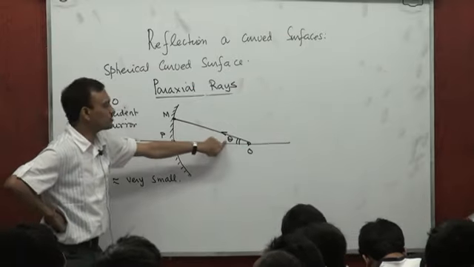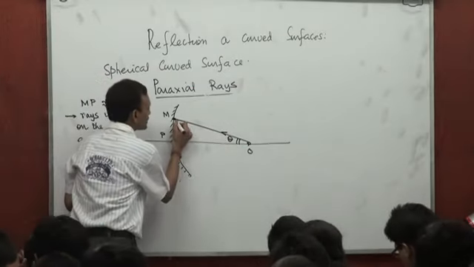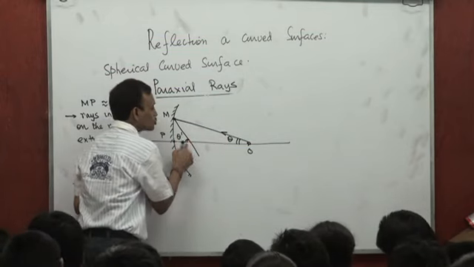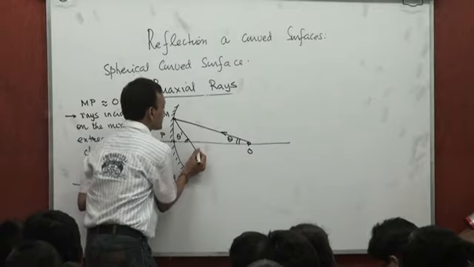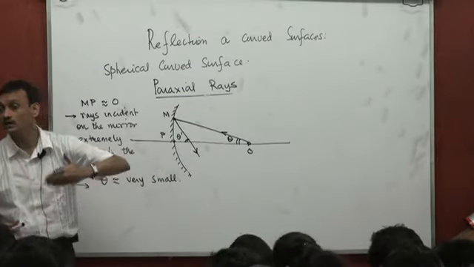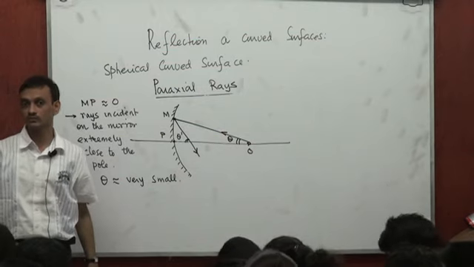So these angles would be really small. Even if this is a reflected ray, this angle theta prime would also be very small, right?